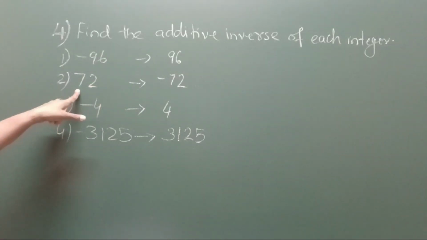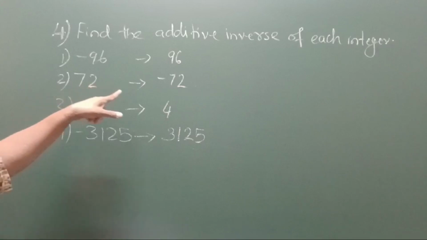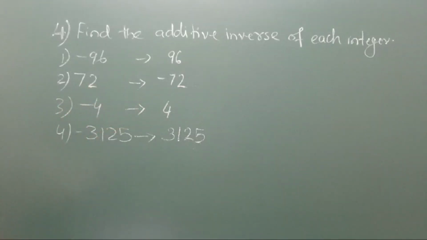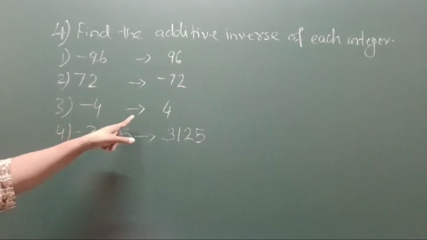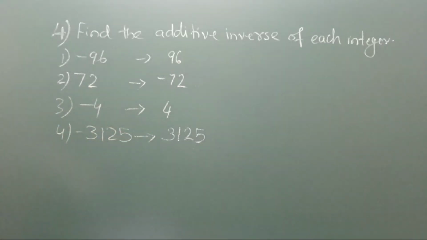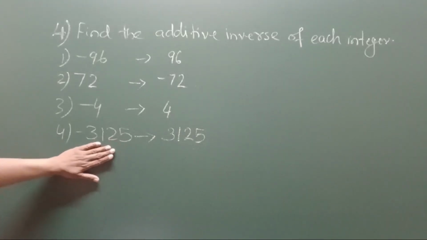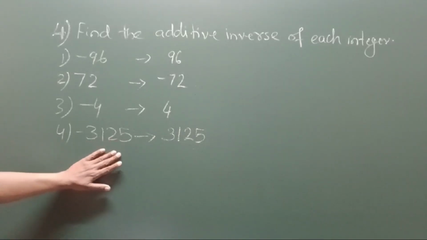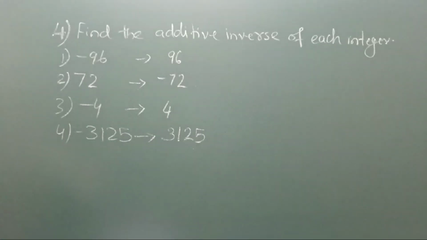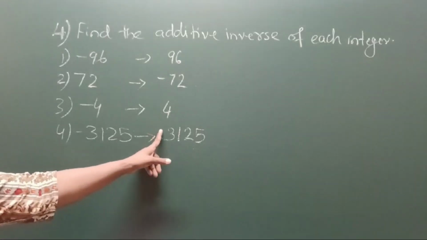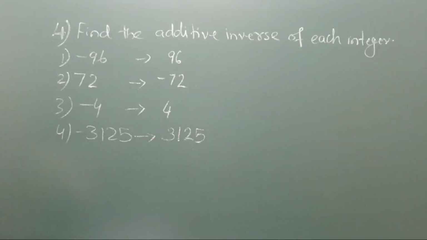Then here positive integer 72, so the opposite is minus 72, which is a negative integer. Here minus 4, the opposite is positive integer 4. Then minus 3125, this is a negative integer, the opposite of it is a positive integer, that is again 3125, which is understood to be positive.